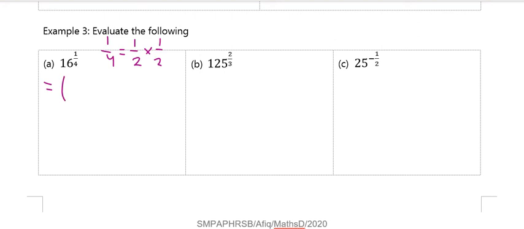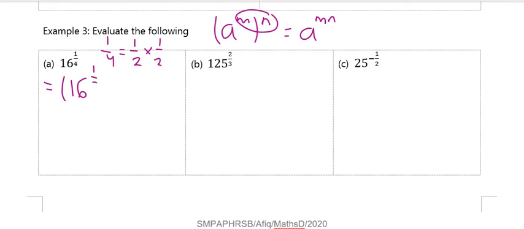So using the previous rule, a to the power m and then power n, these two will be multiplied together, so a to the power mn. Using the same idea here, 16 to the power half is actually having another power half, so these two are multiplied together, but we're doing the reverse.